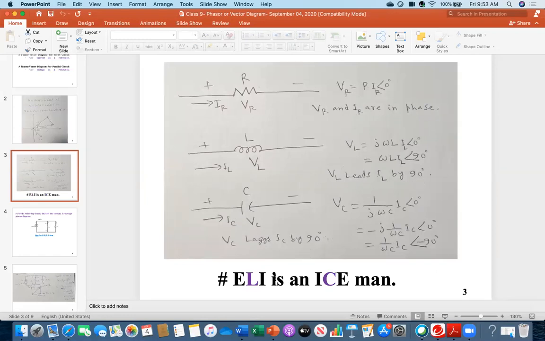You see, at the bottom, I have written a rule for you. ELI is an iceman. If you just remember this sentence, ELI is an iceman. So what does that mean? L means inductor. And in ICE, the C means the capacitor. You all know that although here I am using the symbol V to represent voltage, in DC circuits you have noticed that sometimes the symbol E is used to represent the voltage.